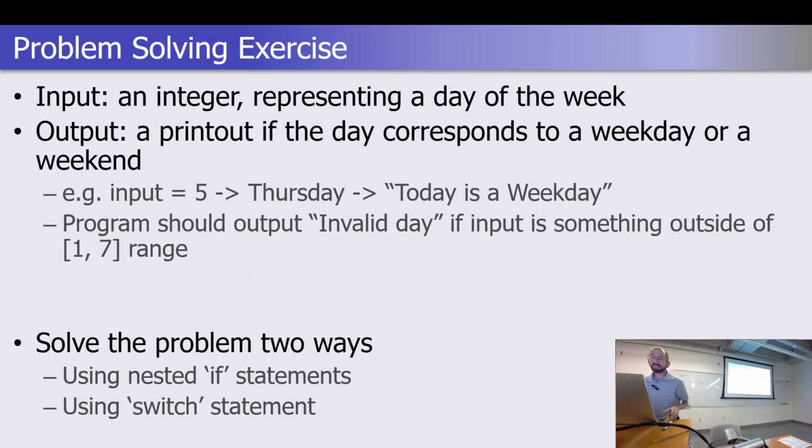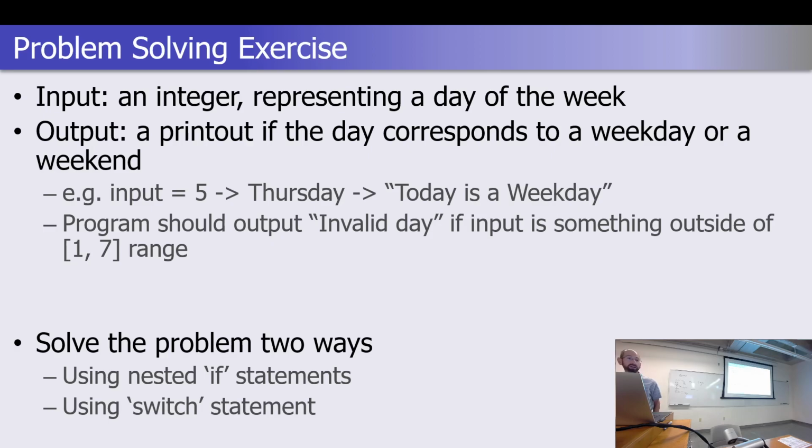No pun intended. So a very short problem-solving exercise where, in fact, all the parameters are given. I don't think we have to dig too much deeper. We can just program it up. Input is an integer representing a day of the week, and the output is a printout if the day corresponds to a weekday or the weekend.